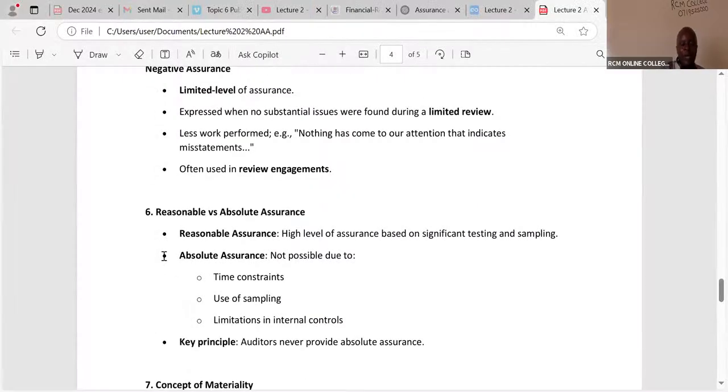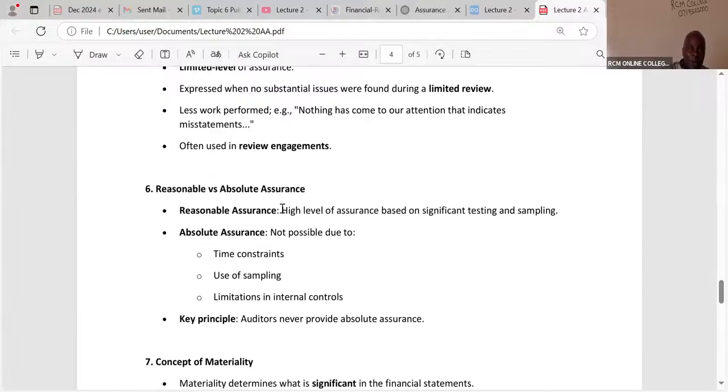Now then from there, we have number 6 here, reasonable versus what we call absolute assurance. Reasonable assurance is a high level of assurance based on significant testing and sampling. Significant, not 100%, significant. Absolute assurance is not possible because absolute assurance is giving you 100% comfort that these directors are not thieves.